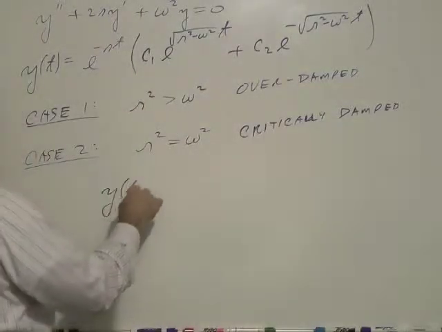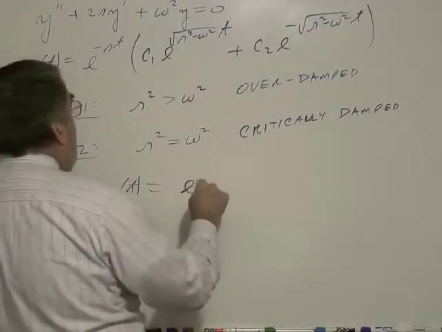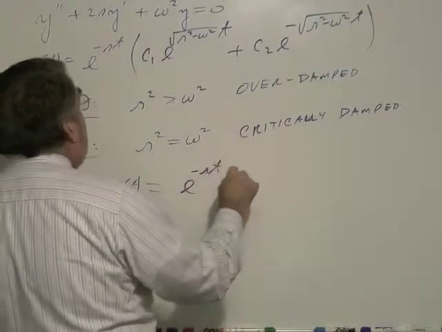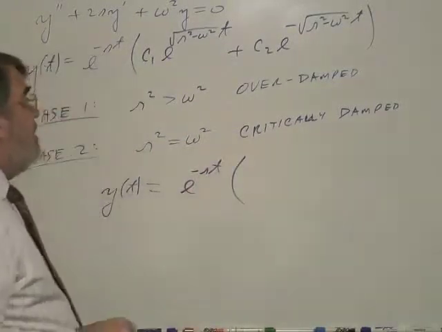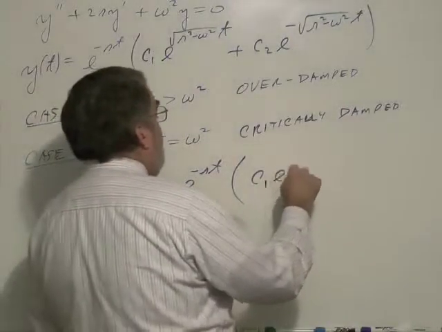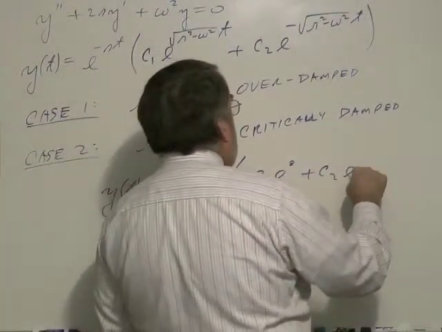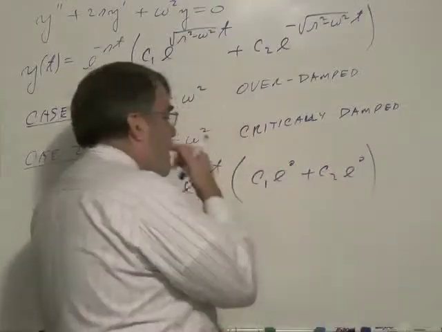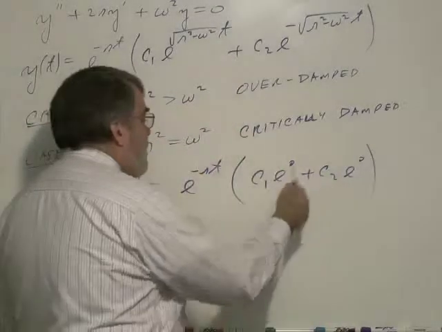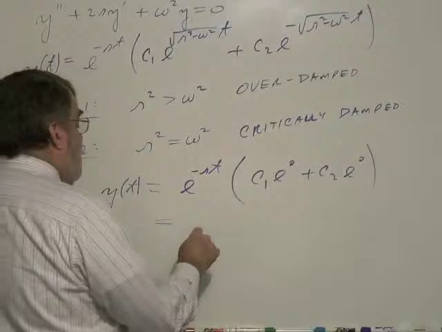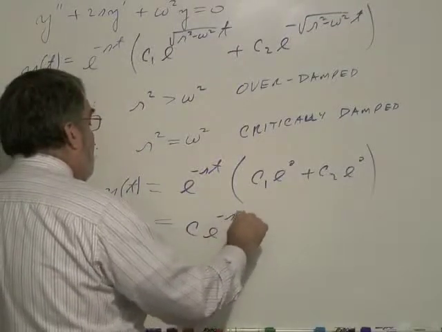So our solution, y at t, would be e to the minus rt times parentheses c1 e to the 0 plus c2 e to the 0. Well, that's c1 plus c2. Adding two constants, we get a single constant, c e to the minus rt.